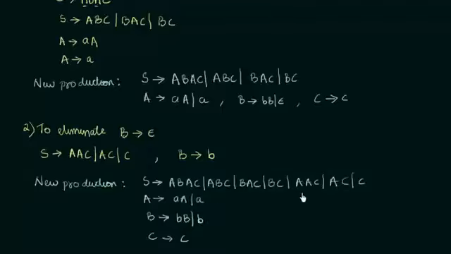So this is the new production that we have, in which we have the null productions removed and thus simplified our CFG.